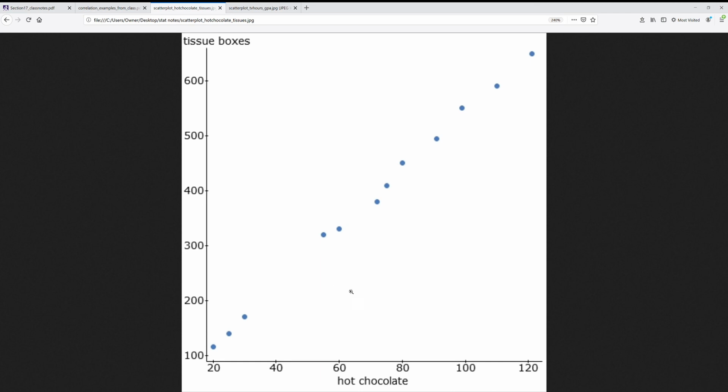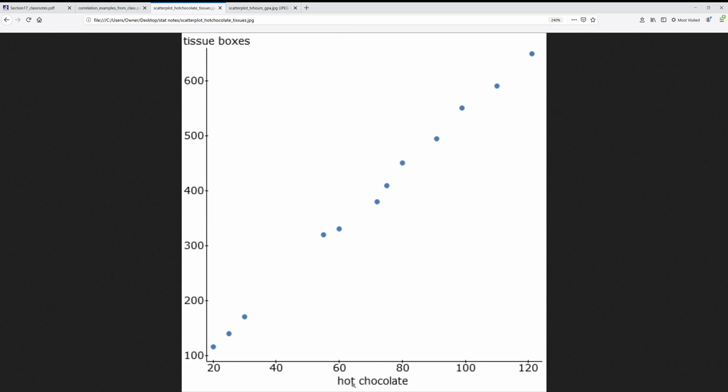If you then wanted to go back and do things the other way, if you wanted to predict hot chocolates from tissue boxes, if you wanted to find the least squares regression line of hot chocolates on tissue boxes, which remember amounts to a visual flip, then what you will do is relabel.